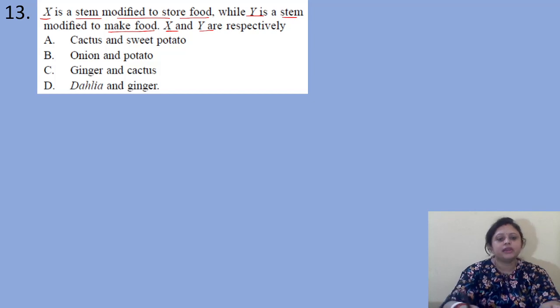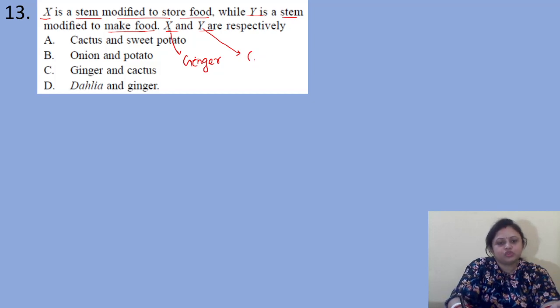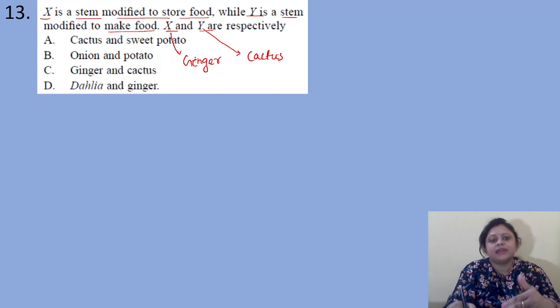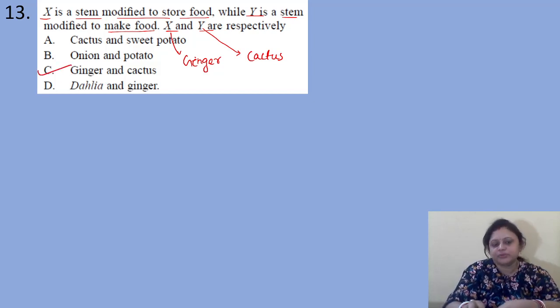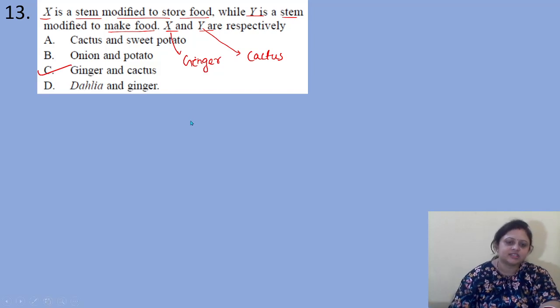So here X is a stem modified to store food, so X would be ginger. We know ginger is a modified stem which stores food. And Y, which makes food, would be cactus, because we also know that cactus is a modified stem and it prepares food. So the correct answer is option C, that is ginger and cactus.